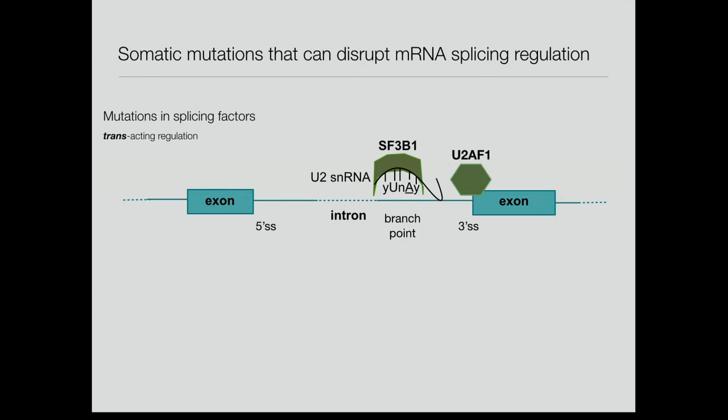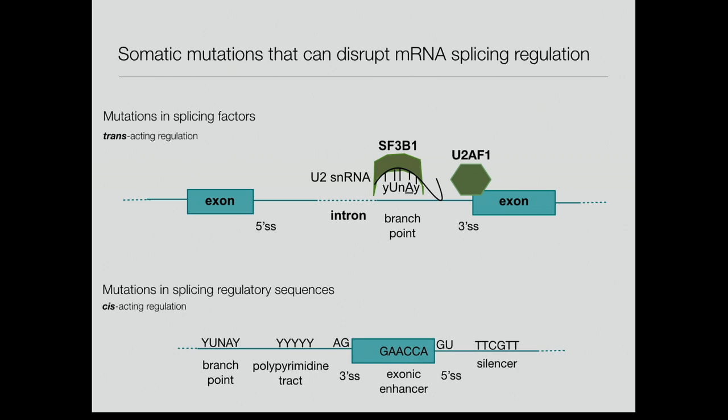One way that we're looking at somatic mutations that disrupt RNA splicing regulation is through these mutations in splicing factors. Another way that we're looking at mutations in cancer genomes that affect splicing is through mutations in splicing regulatory elements, or cis elements.